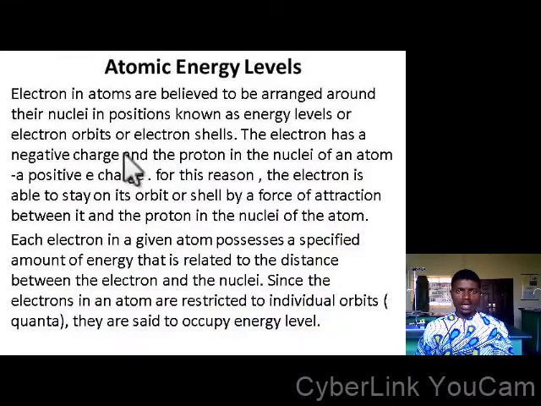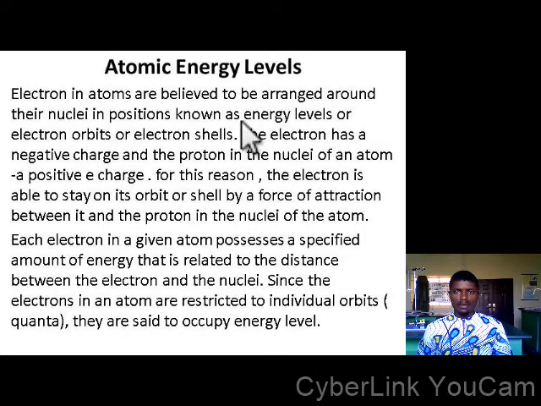So what do you mean by atomic energy level? Electrons in atoms are believed to be arranged around their nuclei in positions known as energy levels or electron orbits or electron shells. I said that earlier.